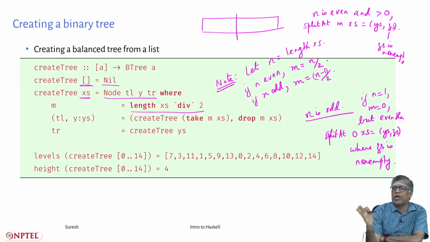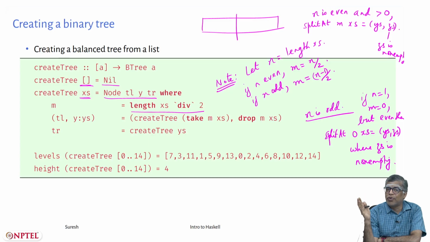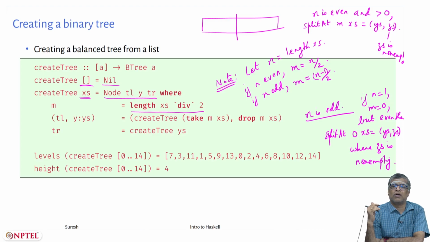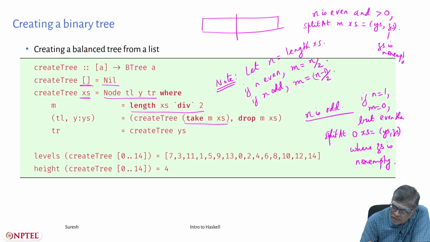So what is the point? The point is that no matter what, if you take m to be length of xs div 2, and if you do split at m xs, or in other words, take m xs.